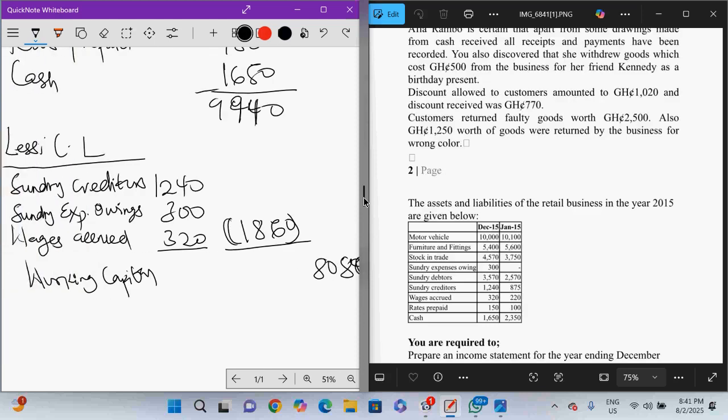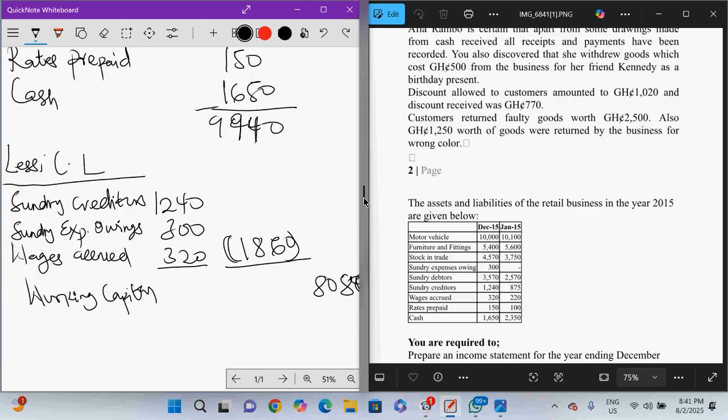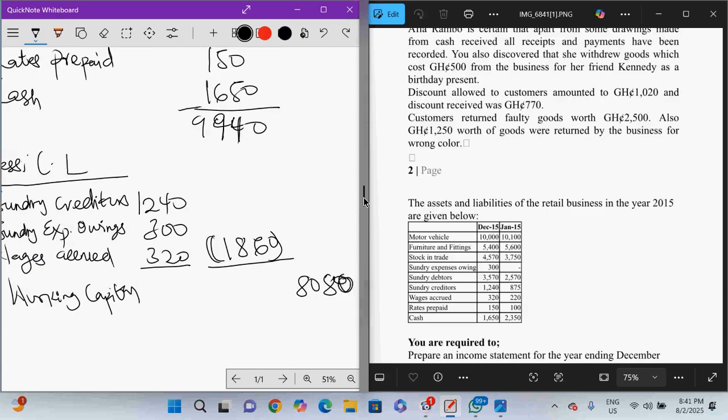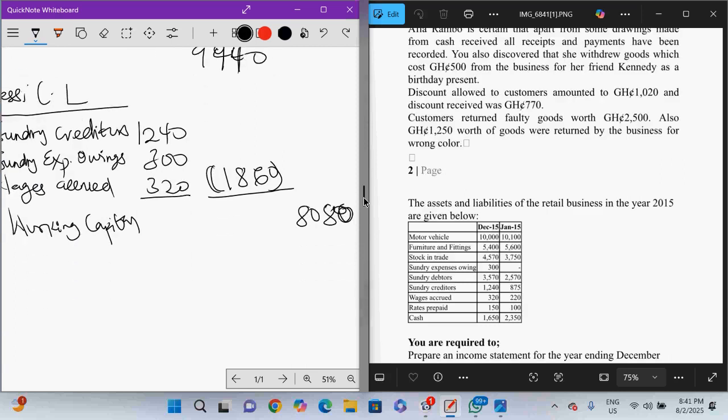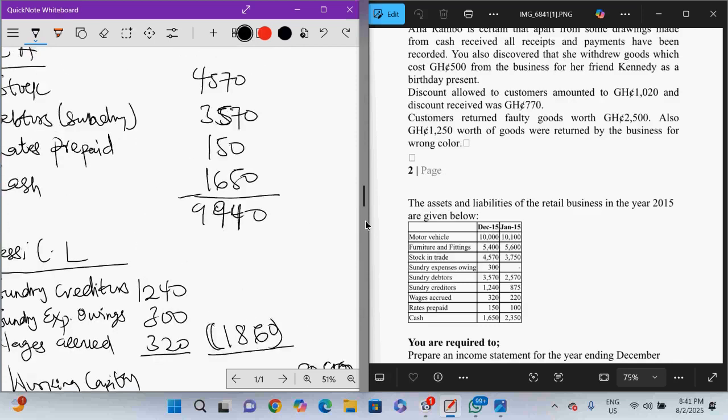8080. You add the working capital to the non-current asset.